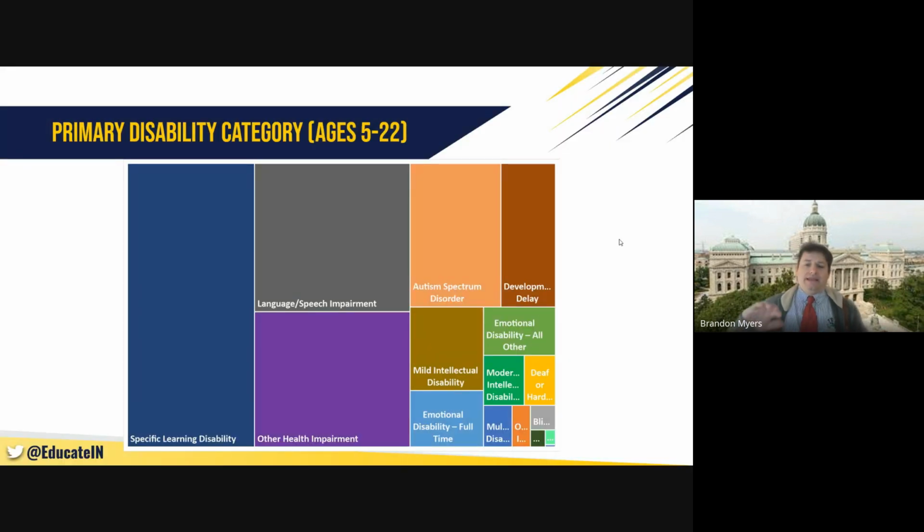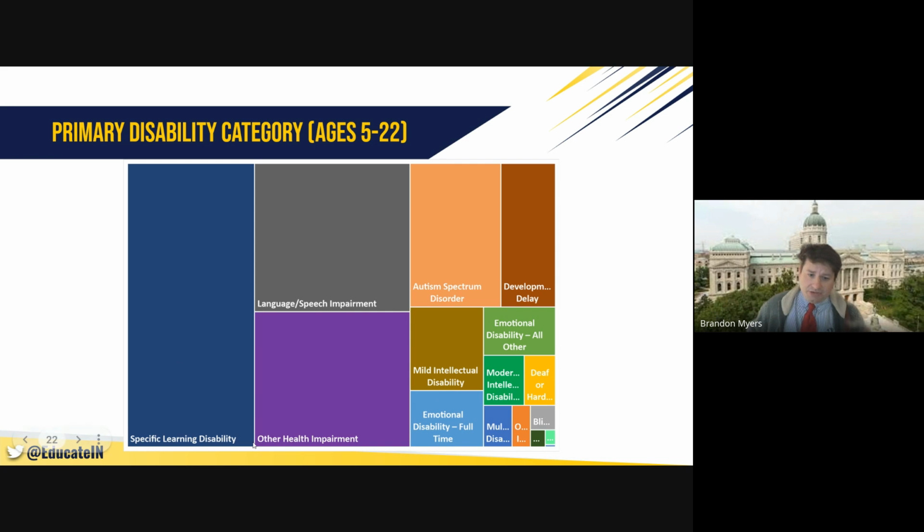All right, what is the profile? So when you think about special education, you can't really think about it as one monolithic thing. Each child has their individual needs. And then if you categorize those children by primary disability category, you're kind of seeing the lay of the kinds of programs that schools are having to develop. So our largest category is specific learning disability.